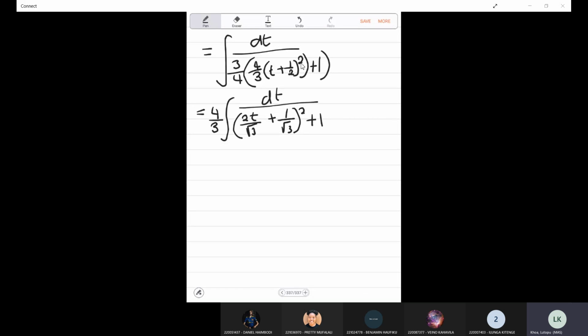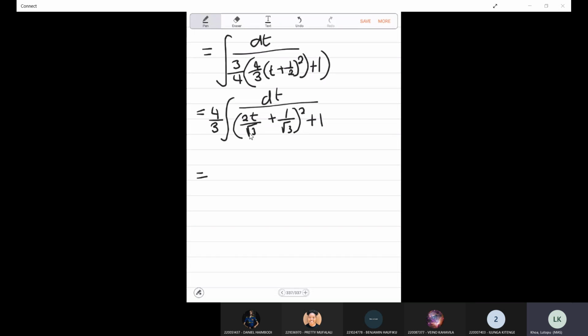Okay, now the denominator is in the form of something squared plus 1. We just need the numerator over here to be the derivative of what we are squaring here. And the derivative of what we are squaring here is 2 over the square root of 3.